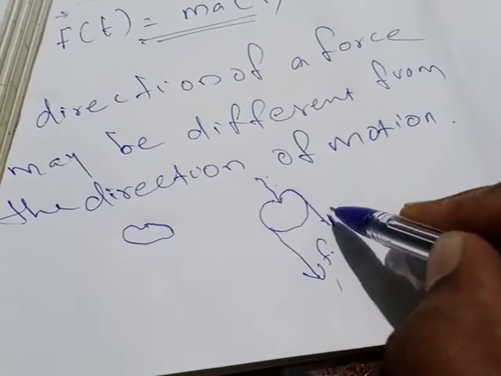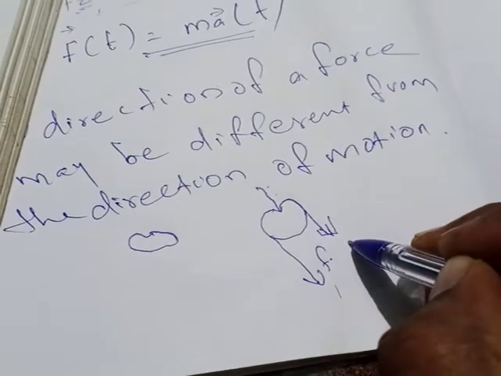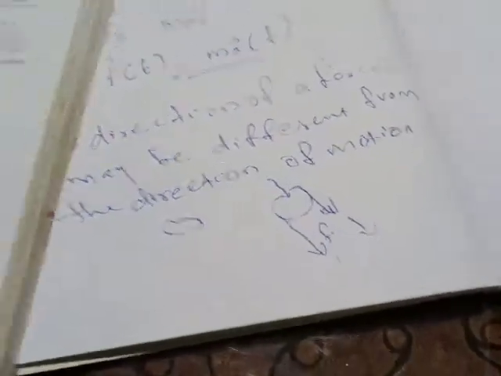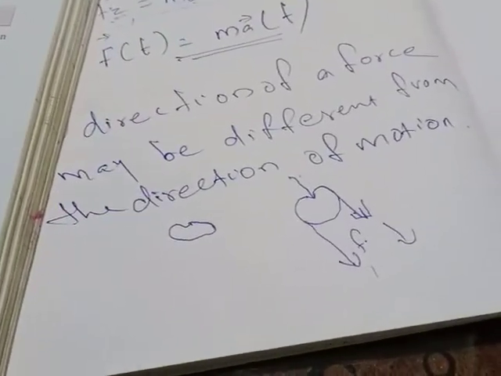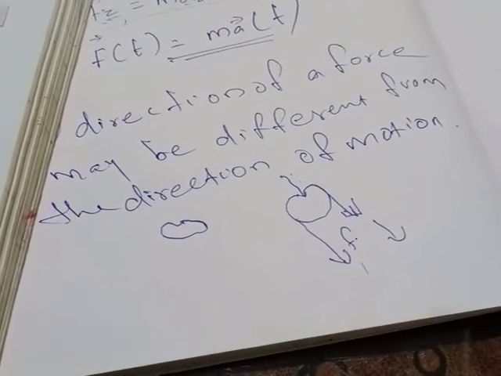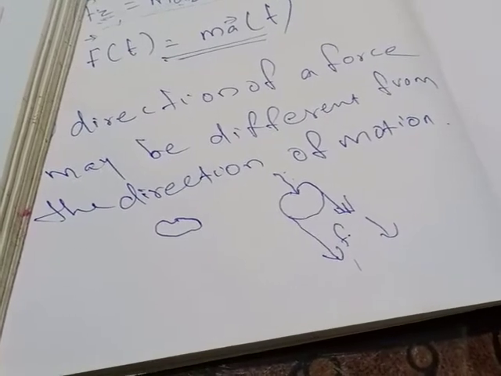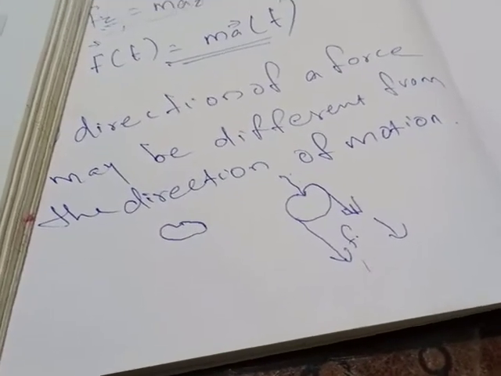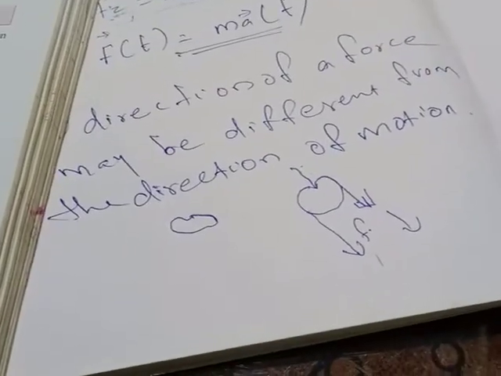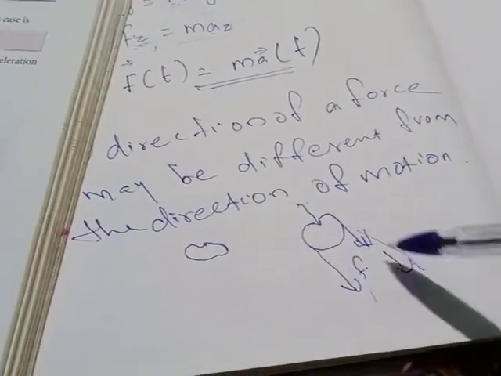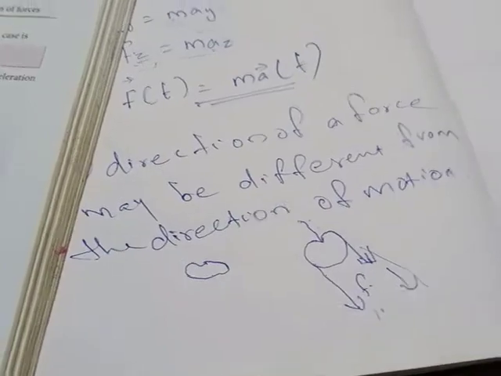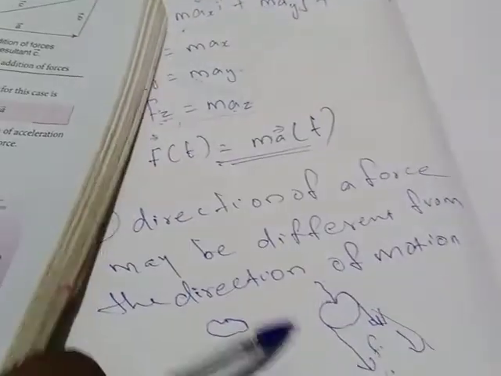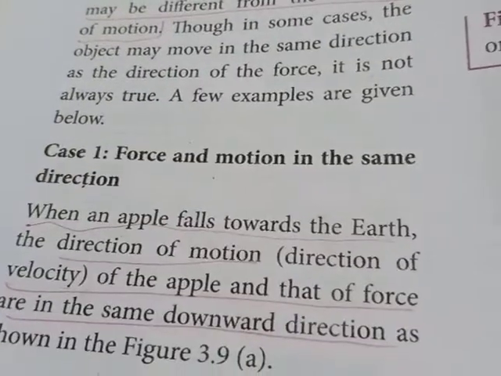Also, the velocity of this object is in the downward direction only. Both the direction of motion of the apple and that of the force are in the same direction. Direction of motion is downward. Force acting on the apple is also downward. That is the first case. Force and motion in the same direction.